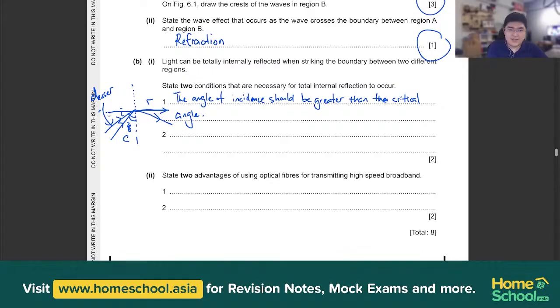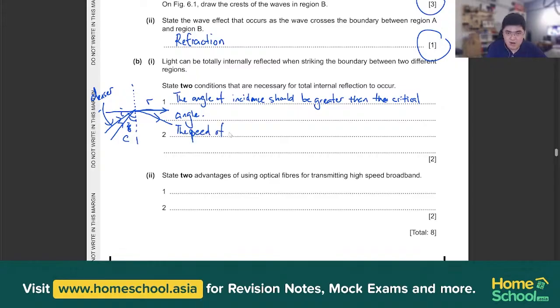The next thing is that the light must be in an optically denser medium compared to the other one. Because of that, the speed of light in the denser medium is lower than the speed of light in the optically less dense medium. So let's write that.